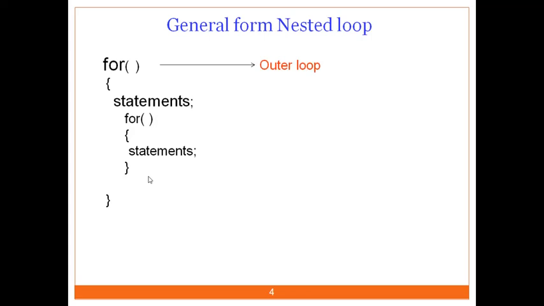This first for loop is called the outer loop. The second for loop is called the inner loop. We are writing one loop inside the loop, that's why we call it the inner loop. The statements in between these curly braces of the inner loop are called inner loop statements.